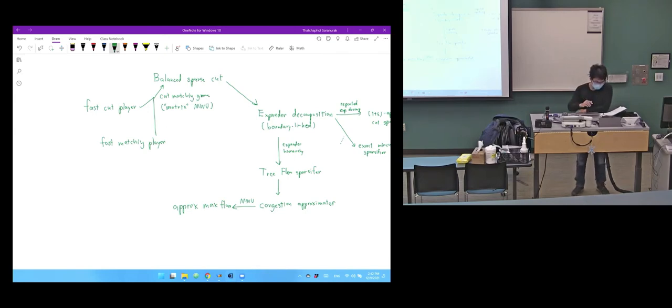But how do you get a matching player fast? This is a new homework too. Use approximate max flow.